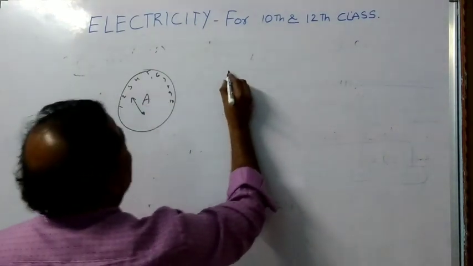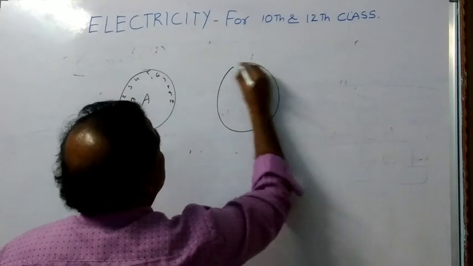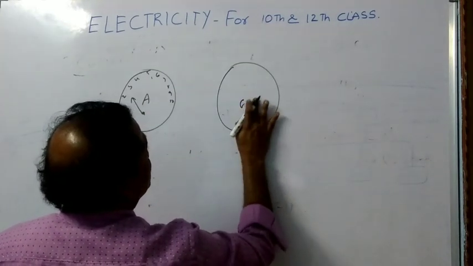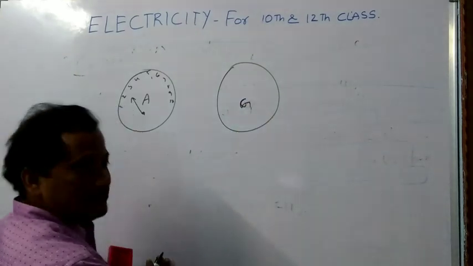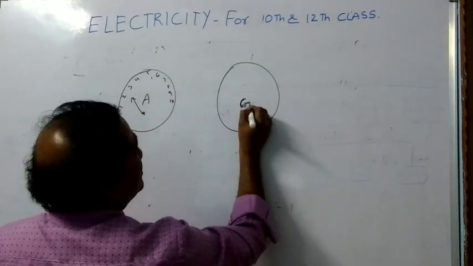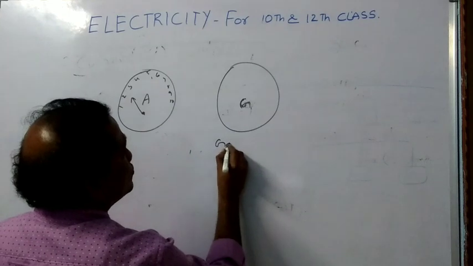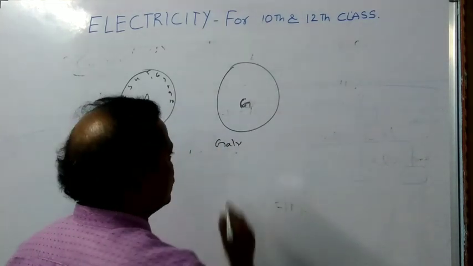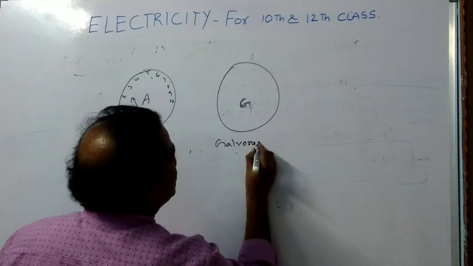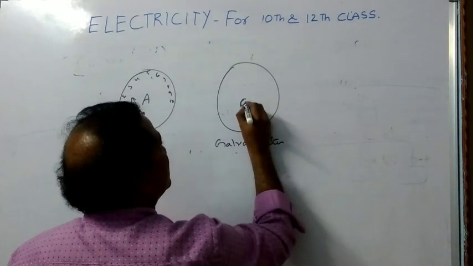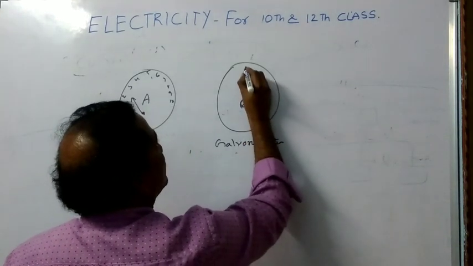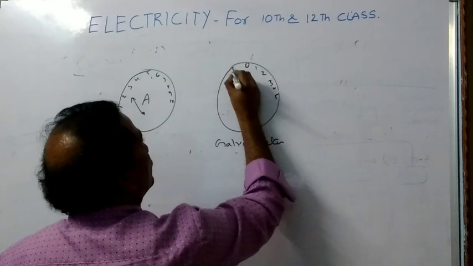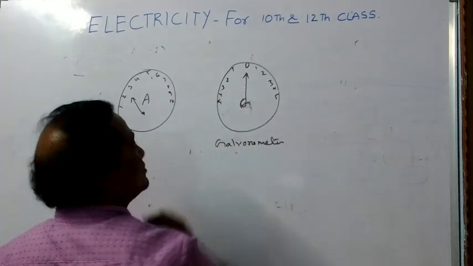So what about the galvanometer? Galvanometer is also an instrument used to measure the current, GALV, or simply you can use G. A galvanometer is an instrument used not only for measuring the current but also for giving the direction of the current. Here the needle arrow mark should be at the center only: 0, 1, 2, 3, 4, 5, then 1, 2, 3, 4, 5 on the other side.